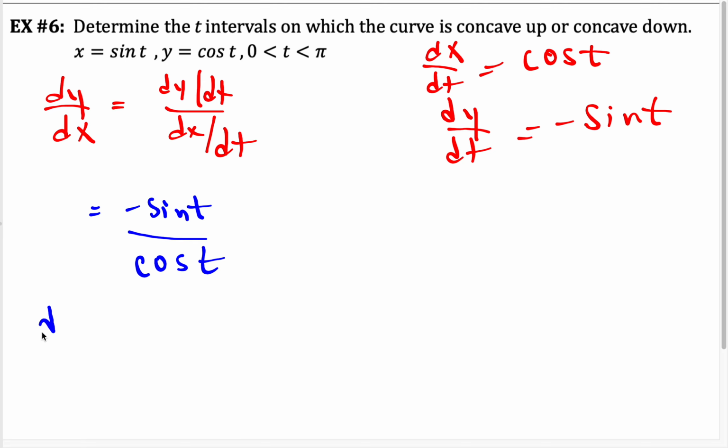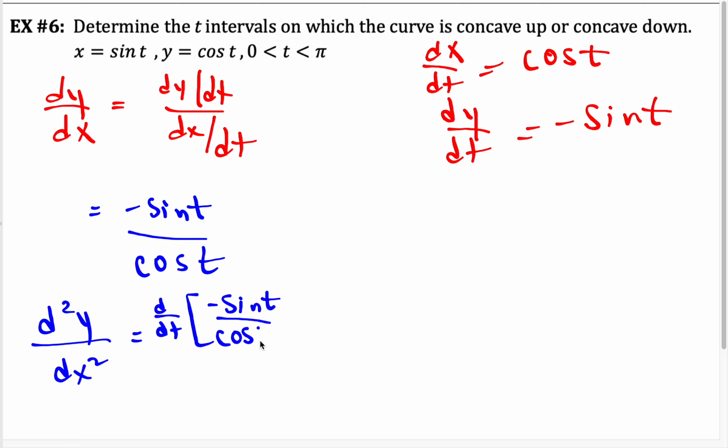There's our first derivative. Now we have to do a second derivative, and recall that is taking a derivative with respect to t of our first derivative, all over dx/dt. So here we go, quotient rule.